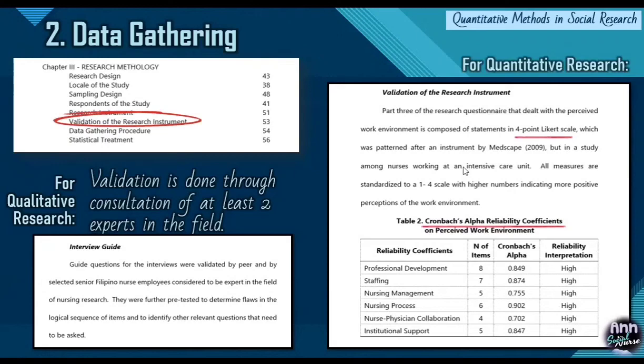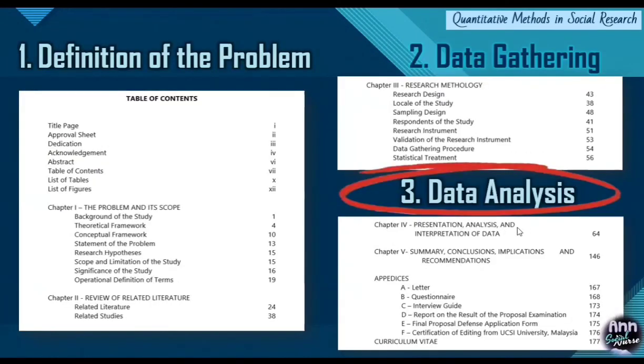It needs statistical software. Analyze your data first in a univariate manner, one variable at a time. Then you are going to analyze in a bivariate manner, wherein you look for a significant relationship between variables.